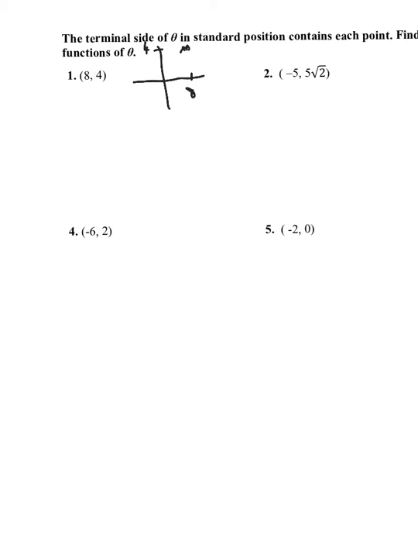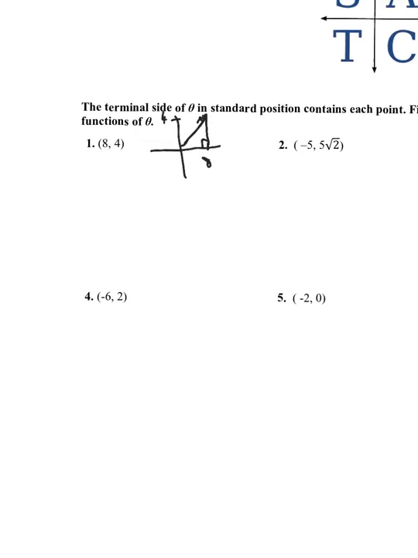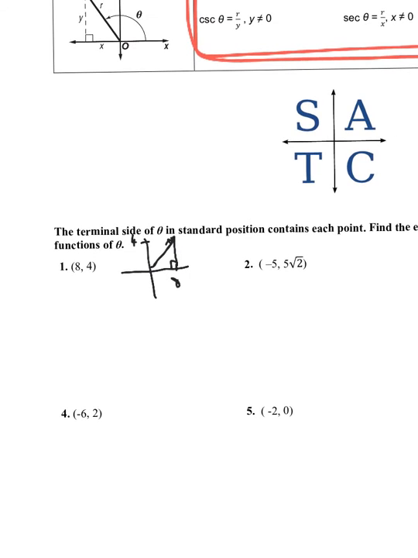And what we're going to do is draw a right triangle with that point. Now, be careful. When you draw your right triangles, always draw it to the x-axis, never to the y-axis. So let me write that down so you guys remember.